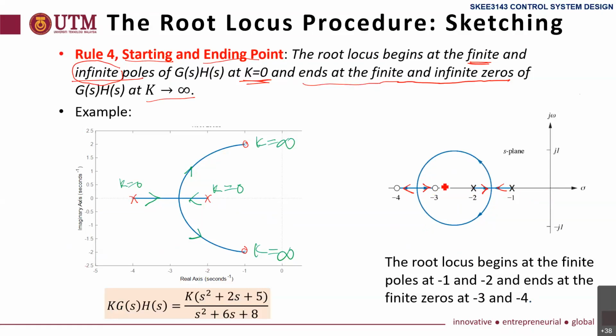And we normally put K equal 0, K equal 0, K infinity, K infinity. Remember that the locus is actually the closed loop poles. Imagine that there are many poles here. When K changes, all poles change. We will not be able to calculate all poles, but root locus helps us to draw the loci, or the locus.